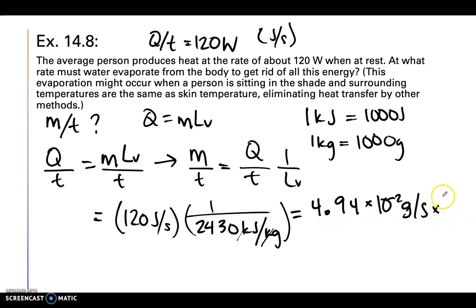So I'm going to say 60 seconds per minute, and I get 2.96 grams per minute. Okay, so this is the rate at which water must evaporate from the body to get rid of that energy.